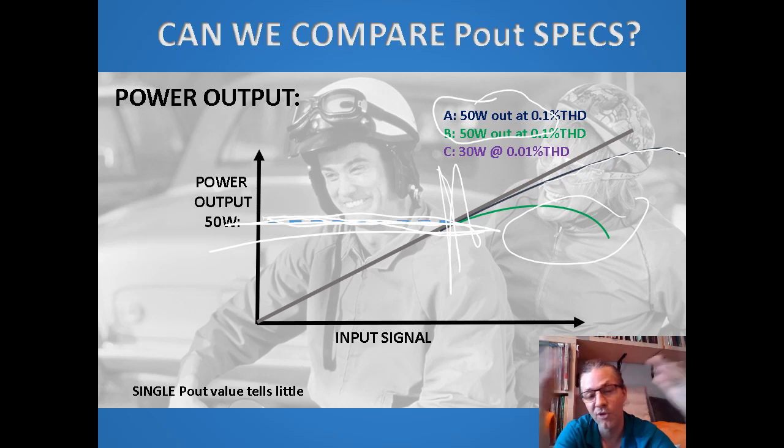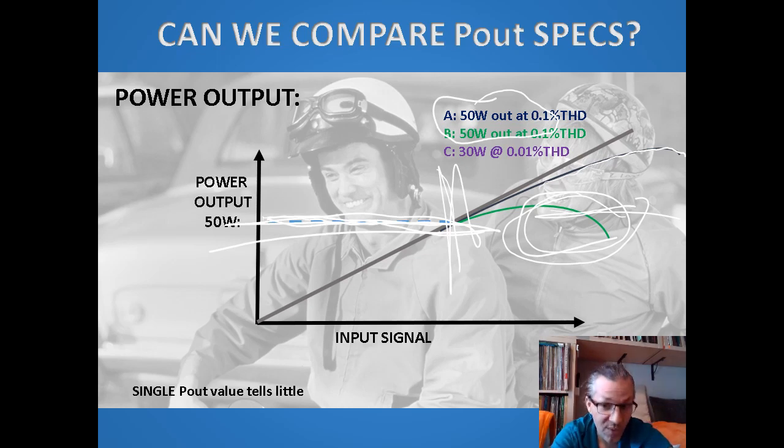But it doesn't tell you what's going to happen if you start pushing your equipment more. Because in the case of one amplifier, maybe you are going to crap out very close to it. Maybe at 55 watts, you are already entering gross distortion.